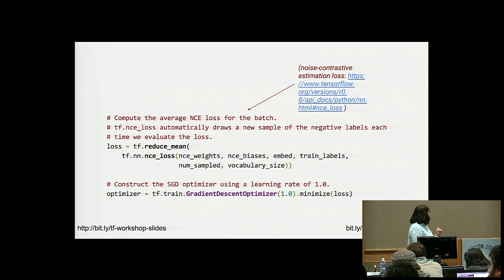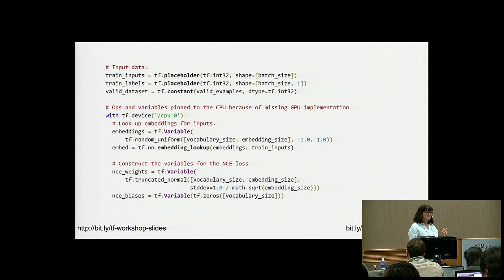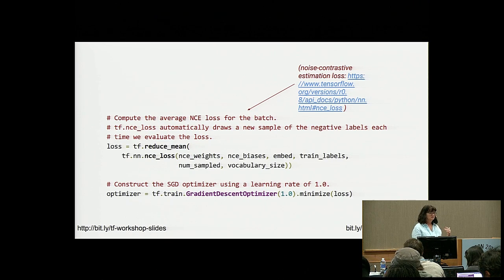But we're passing it the weights and biases that we defined, the embed as the input, so that the embed was the lookup in the big embedding matrix of our current batch, our train inputs. Okay, so we're passing all that to this NCE loss operator.